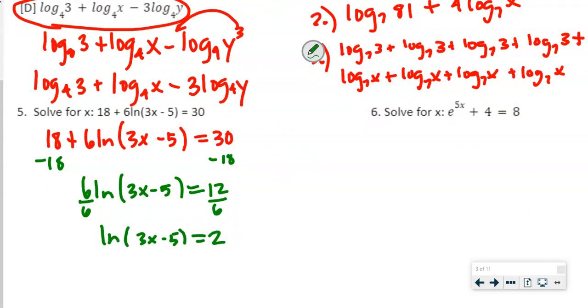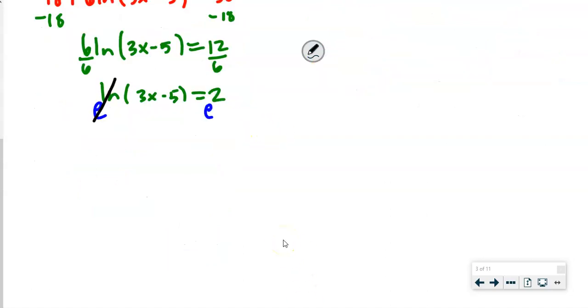So how do we get rid of an ln? We take it to the e power, right? And then when we do that, this now cancels out. So now what we have is our 3x minus 5. And then when we do e to the second, we get 7.389.